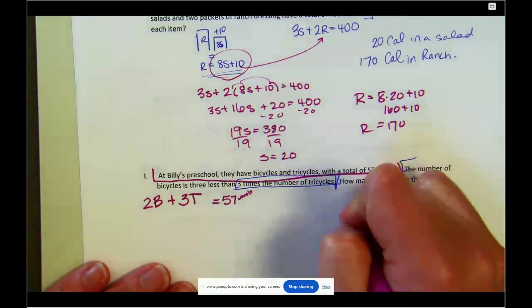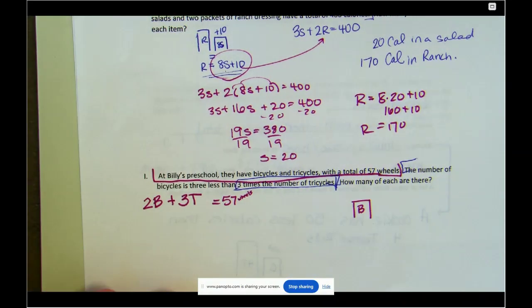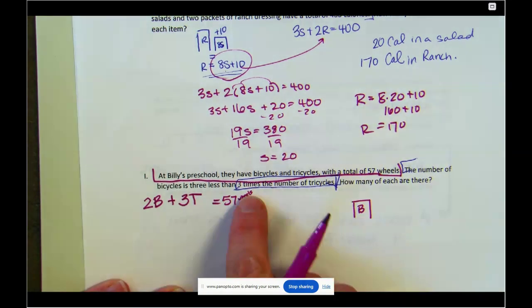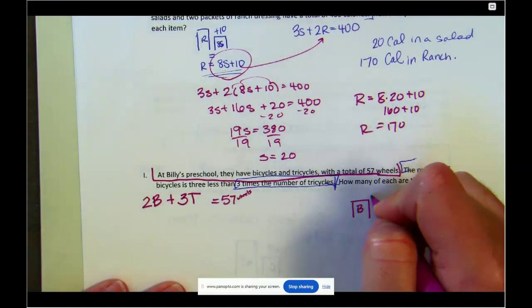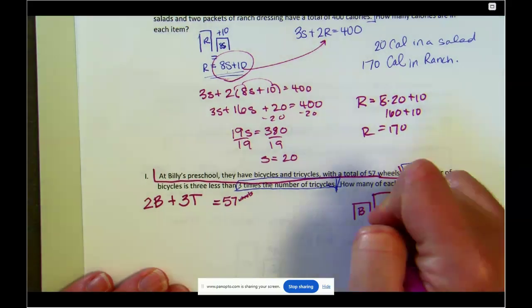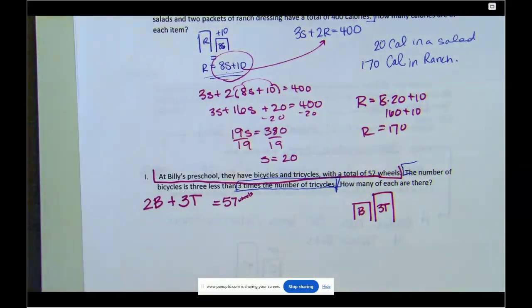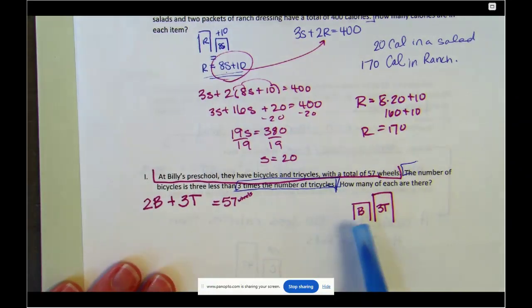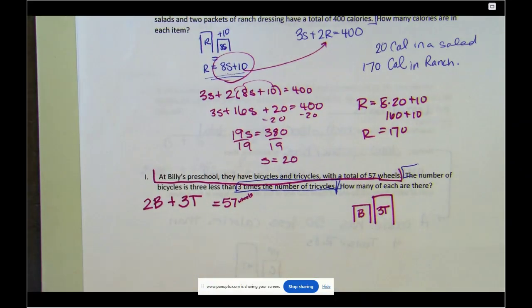Okay, so bicycles is less than 3 times the number of tricycles. So how do we write 3 times the number of tricycles? 3t, right? So that one's just weird because it was kind of like the salad where we were comparing ranch with 8 salads. Now we're comparing bicycles with 3 times the number of tricycles.